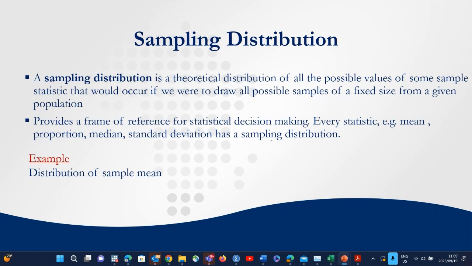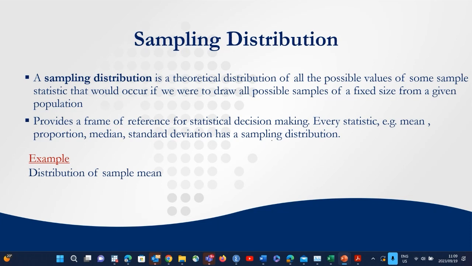So this has been theoretically established: if we are talking about the sample mean as a statistic, we are expecting certain properties that are associated with it. Then this provides a frame for decision making, right?